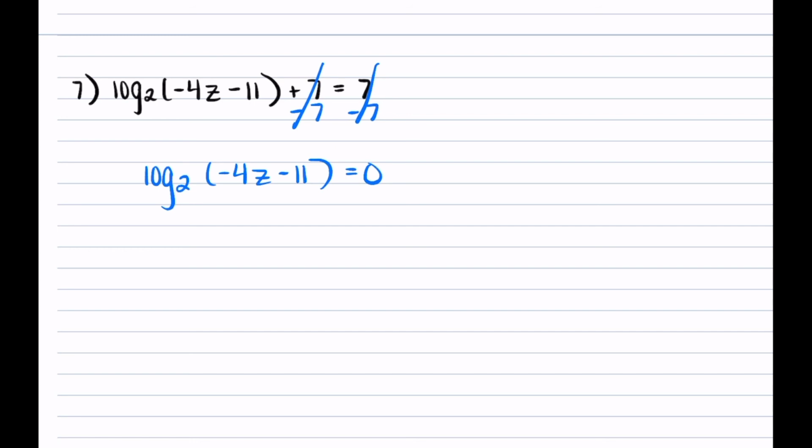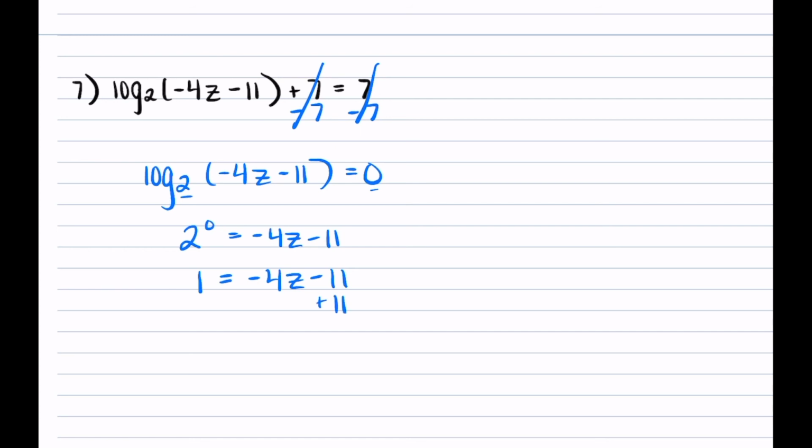And then once again, we're going to change this into our exponential form with our base of 2, exponent of 0, equals remaining value, negative 4z minus 11. Anything to the 0 power equals 1. So now we have 1 equals negative 4z minus 11. Now we're going to isolate our z.